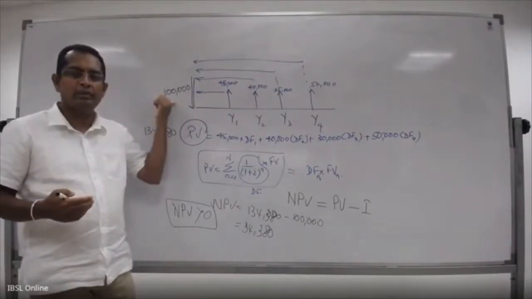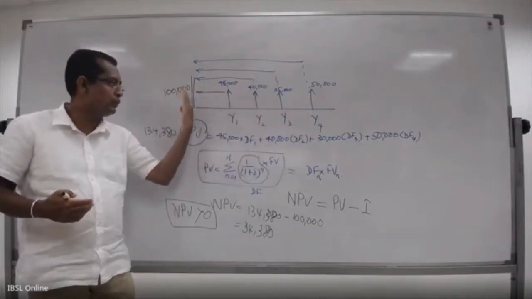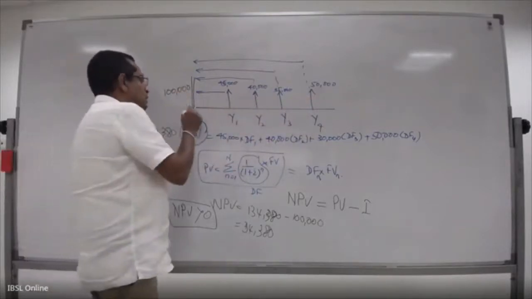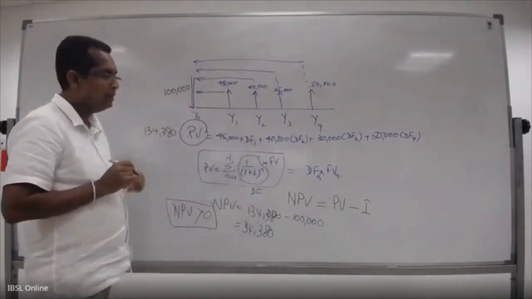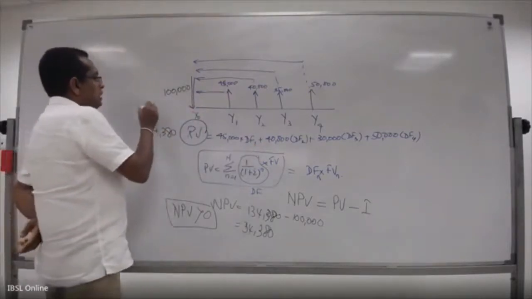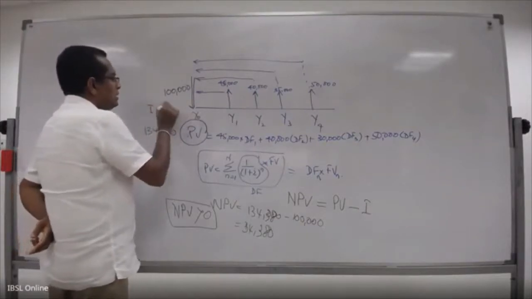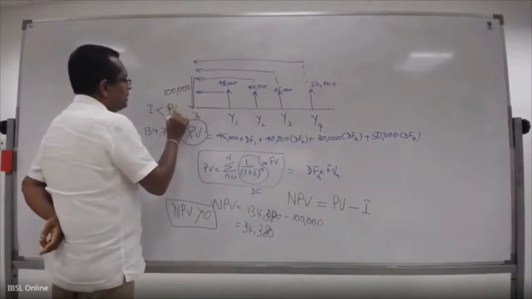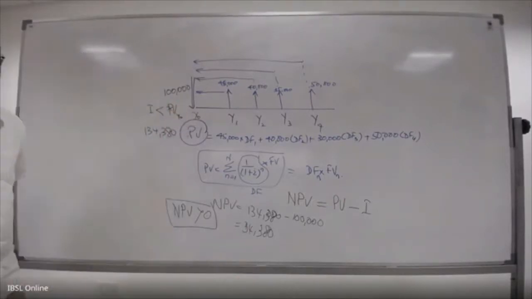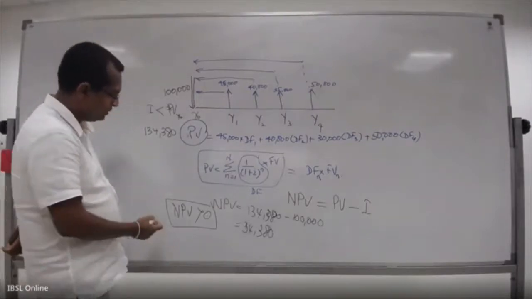If you bring all the future cash flows to today's value, year 0's value, by discounting like this, the initial investment is smaller than the present value. Right? That means we get a positive outcome. So this is a good project.